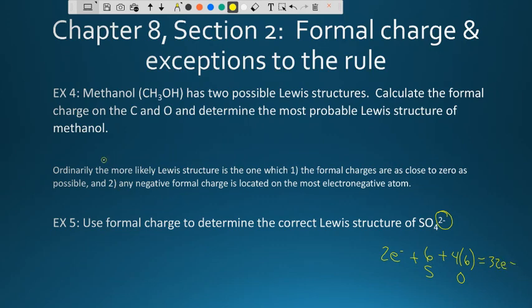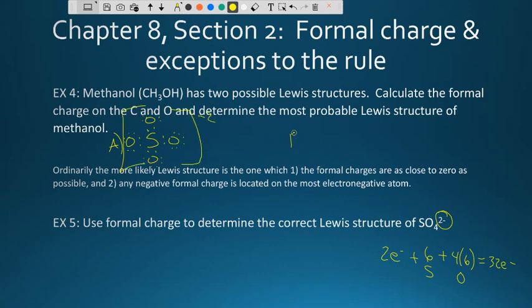Okay, so we're going to have a couple of options here for my sulfate. Let's take a look at this one. We have sulfur, and I get my oxygens in here. I got off of my counting, but trust me, there are going to be 32 total electrons on there.